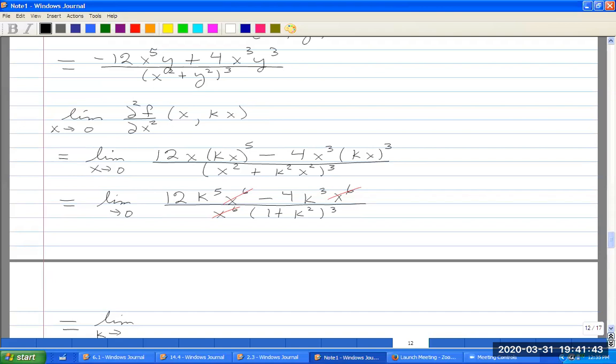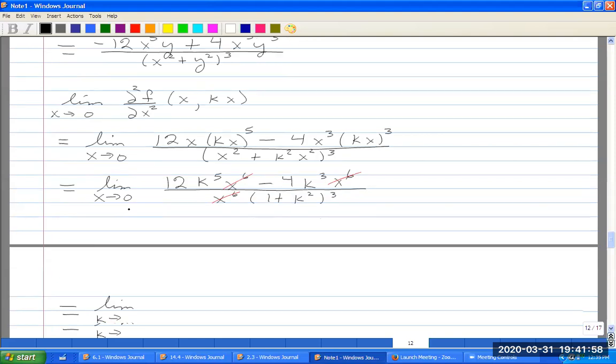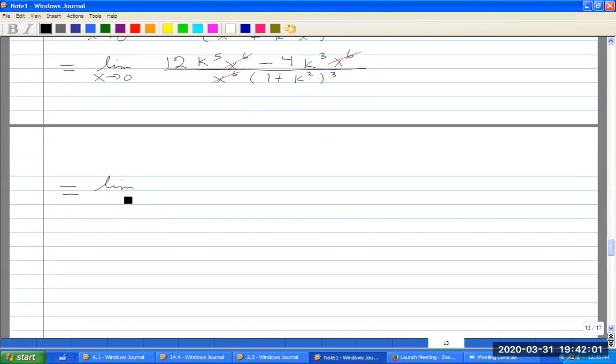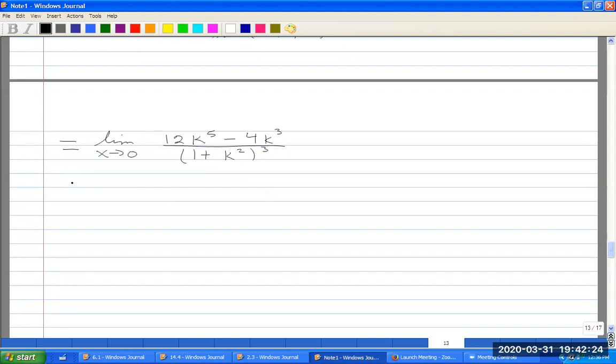Here I guess I'm assuming k is not 0. Okay, that looks better. And so this is minus 4k^3 over (1 + k^2) cubed. Well, as x goes to 0, this just goes to this value.